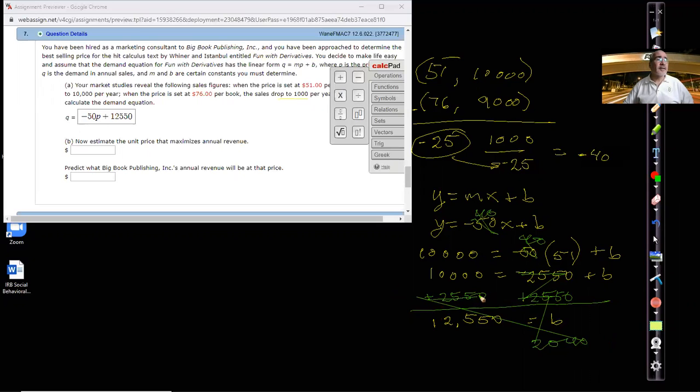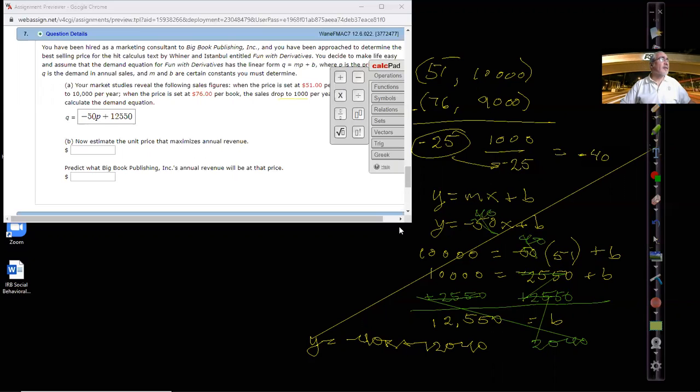So our equation is going to be minus 40x plus 12,040. Is that looking better? Hopefully we're all hearing it.